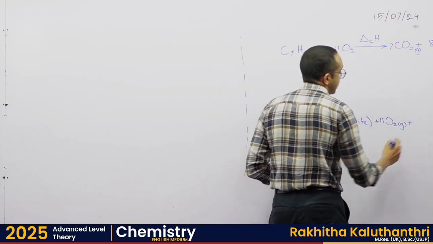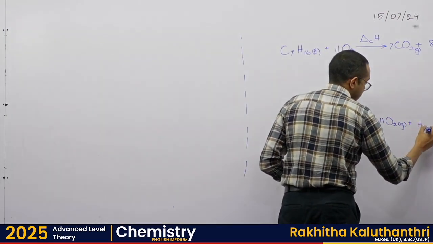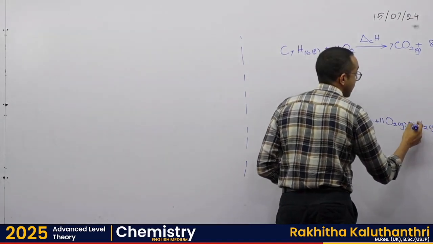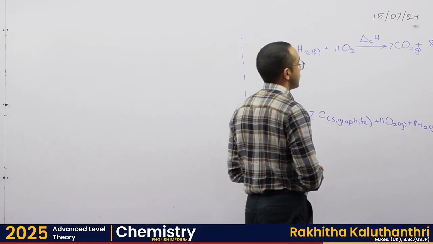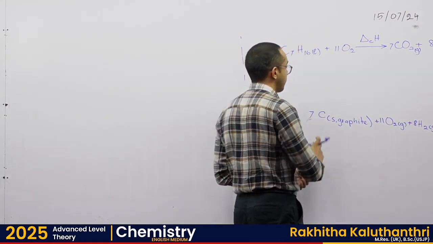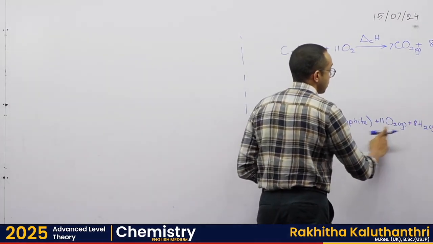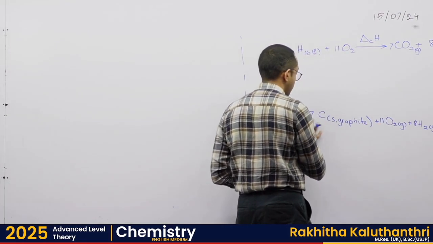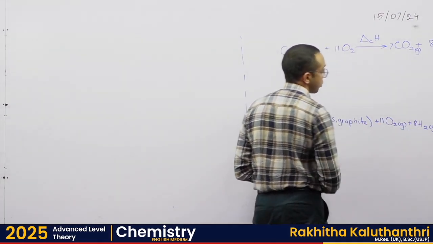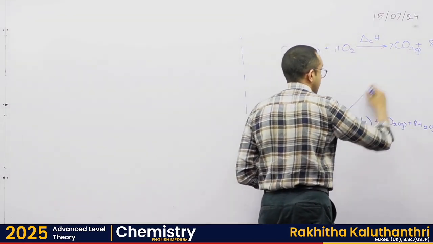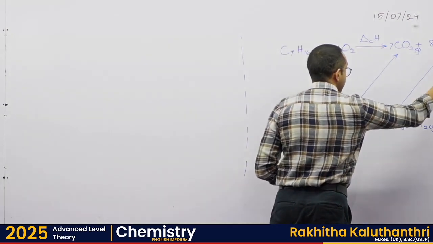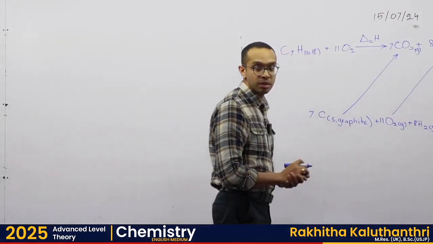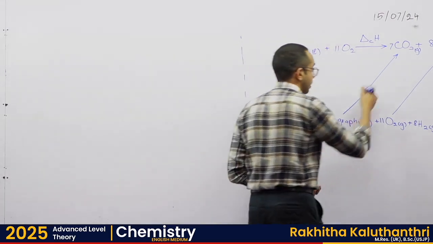And apart from that, we'll be needing hydrogen gas. You will need exactly 8 hydrogen molecules. Do we need anything else? No, we have 7 carbons, 11 oxygen molecules and 8 hydrogen molecules. So these together will form 7 carbon dioxide and 8 water molecules. Clear?